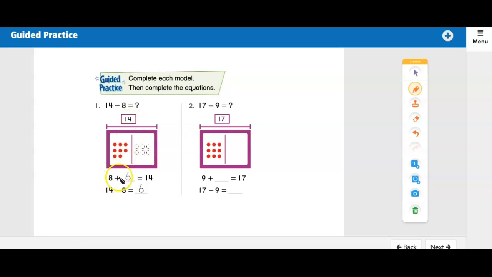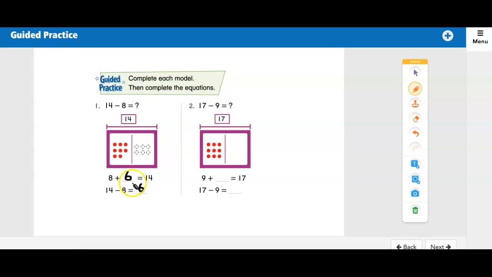They wrote 8 plus 6 is equal to 14 because in our chart they added together these 8 counters plus these 6 counters to get 14. So that means that 14 minus 8 would also be equal to 6.